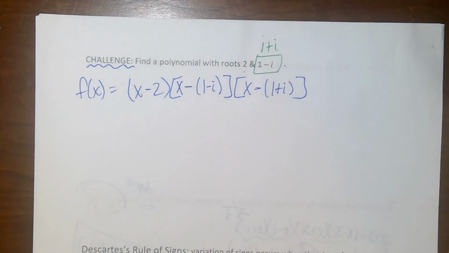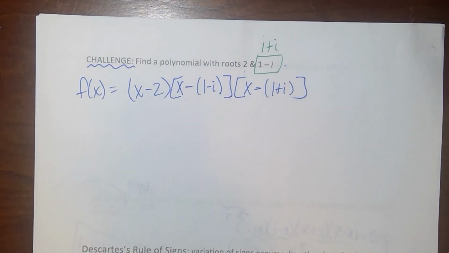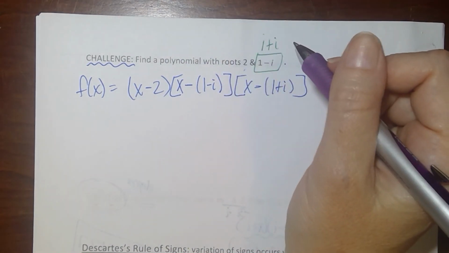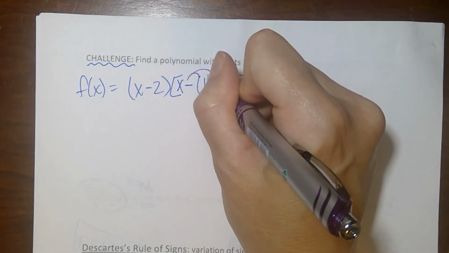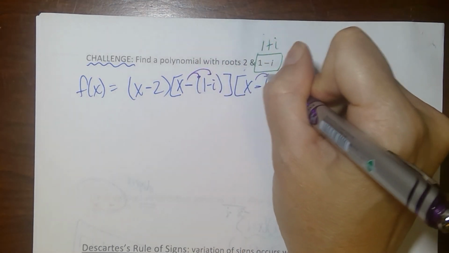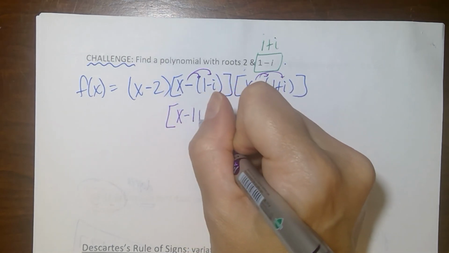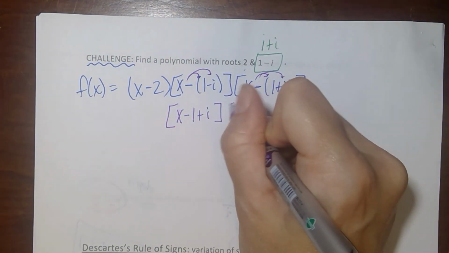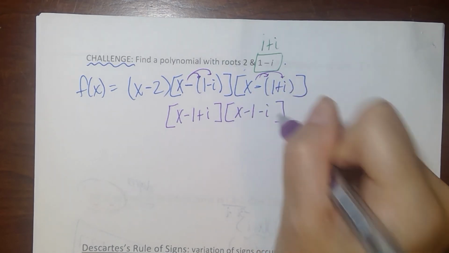Now for right now, I'm just not going to worry about this x minus 2, and I'm going to work with these 2 roots. I'm going to do some rearranging. First, I'm going to distribute this negative inside for both of these. So this first one would give me x minus 1 plus i. And the second one would give me x minus 1 minus i.